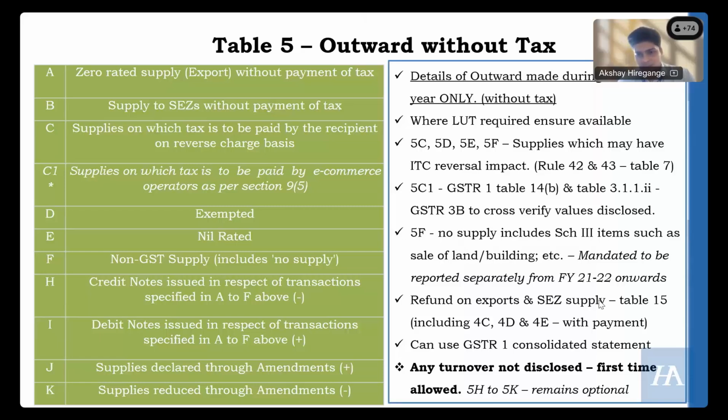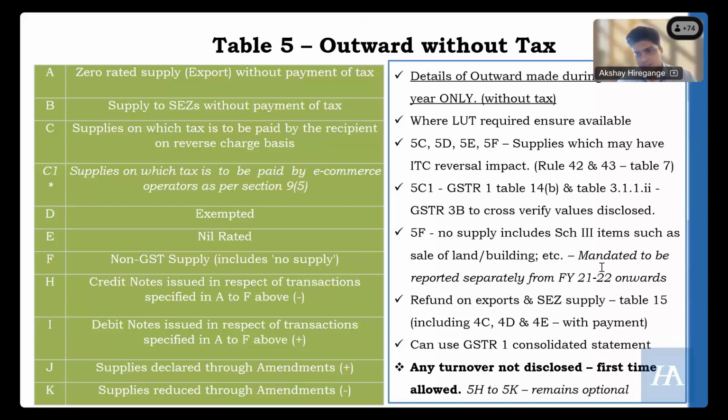In my view, this can be a basis of saying that it was missed for reporting and therefore it has been reported. Based on this, with the proof of actual transaction, going for refund under others may be possible. So you can disclose transactions for the first time here.